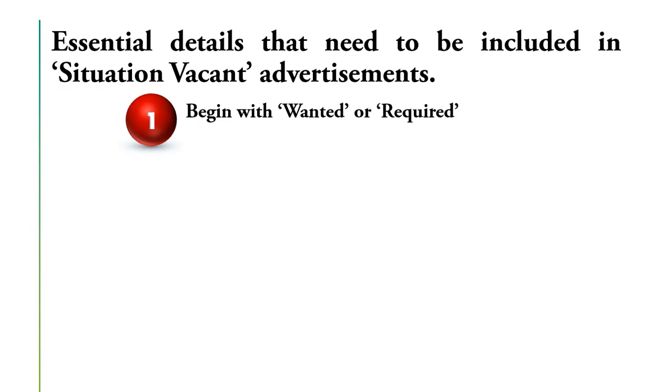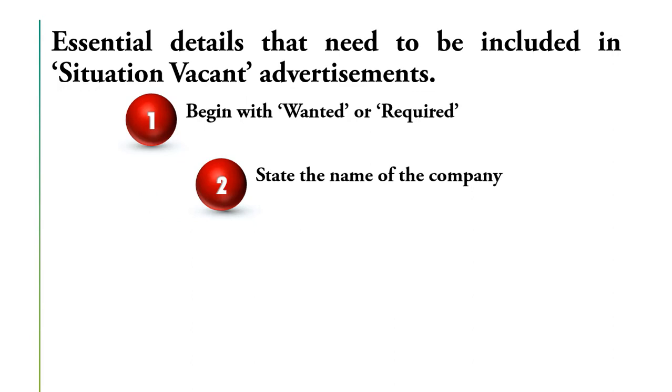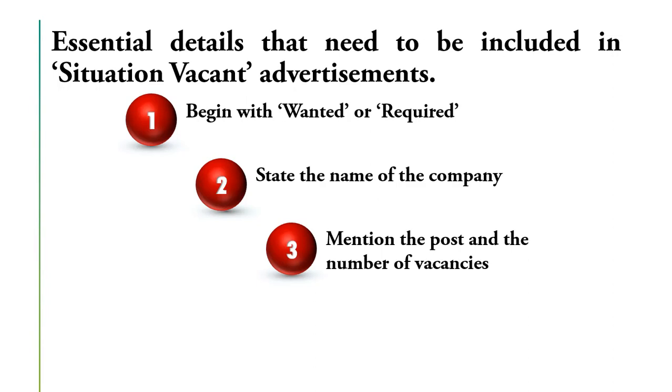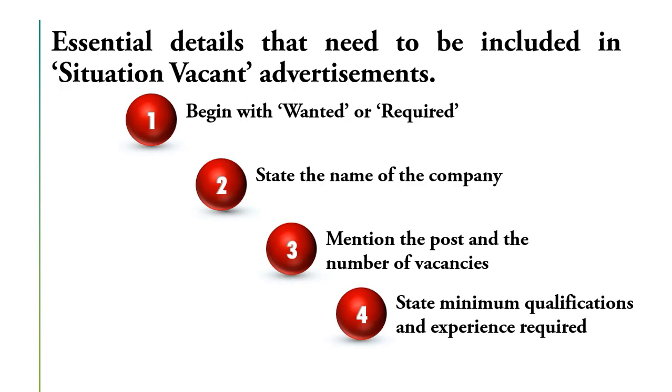Let's look at the essential details that you must include in situation vacant advertisements. The first thing is you need to start with the words wanted or required. Second, you have to state the name of the company. Third, you have to mention the post and the number of vacancies. Fourth, you have to state the minimum qualifications and experience required for it.